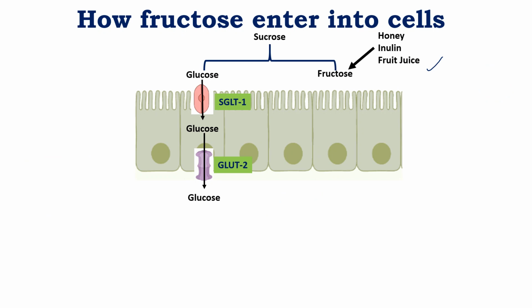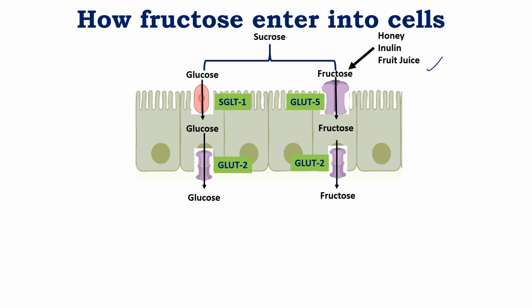So that is for glucose. Similarly, fructose enters into the cell with the help of another transporter, GLUT5, and it exits the cells with the help of the same GLUT2.